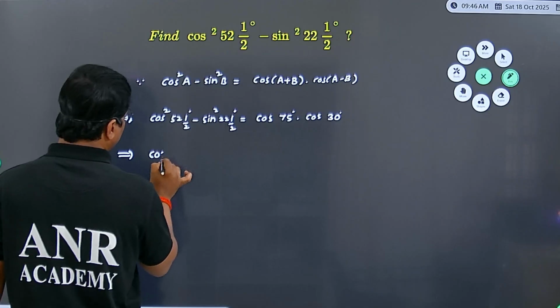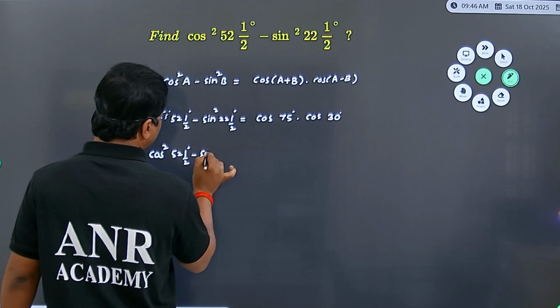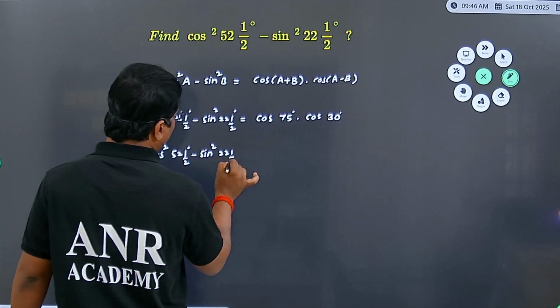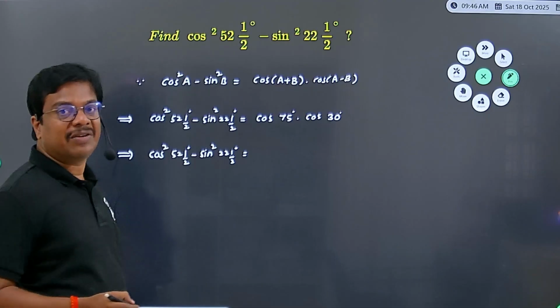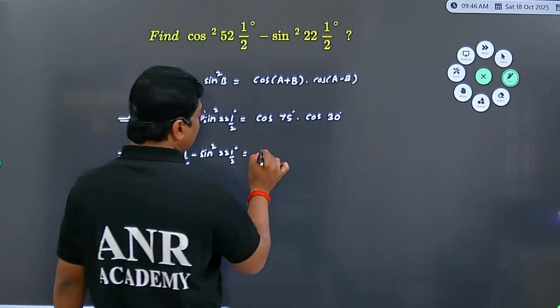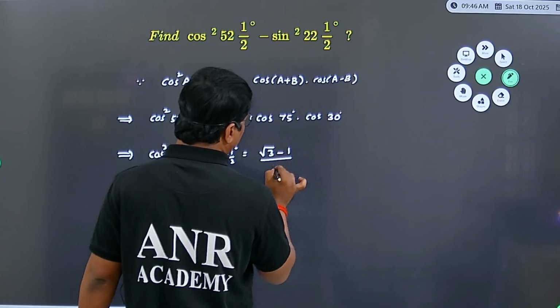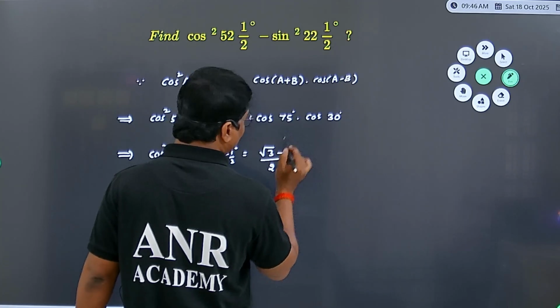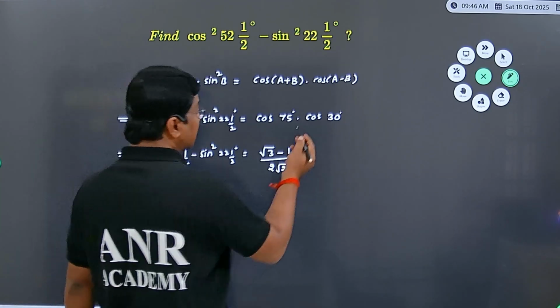Implies cos square 52 and half minus sin square 22 and half degrees equals cos 75 degrees value, which is root 3 minus 1 divided by 2 root 2, and you know that cos 30 degrees equals sin 60 degrees.